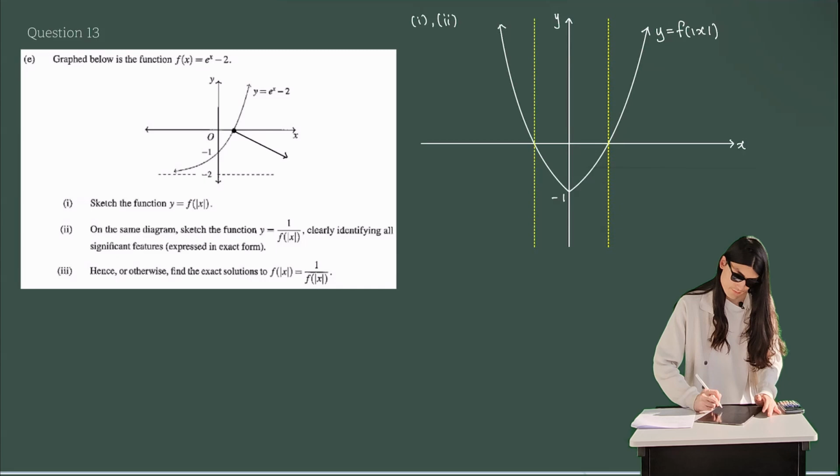This, of course, is where e to the power of x minus 2 is equal to 0. You rearrange that so e to the x is 2. That means the x coordinate of the intercept is ln 2. So I will put that down.